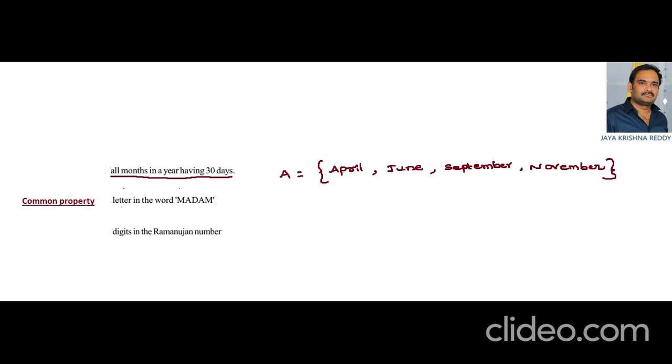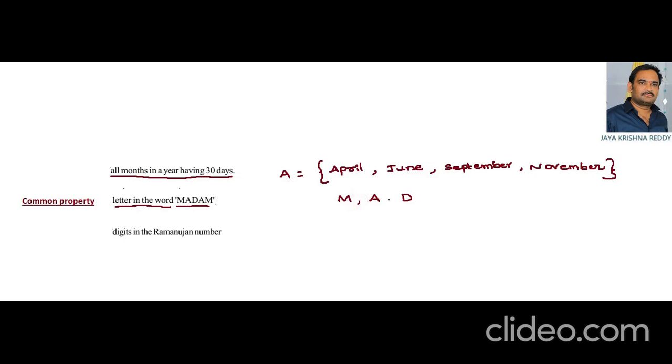And one more common property is given here: letters in the word madam. So we have to identify the letters in the word madam. So what are the letters there? M and A and D. These are the letters. Of course, A is repeated twice and M is also repeated twice, but we have to take only one time. Okay, so these alphabets M, A, D are following a common property, that these are the letters of the word madam.